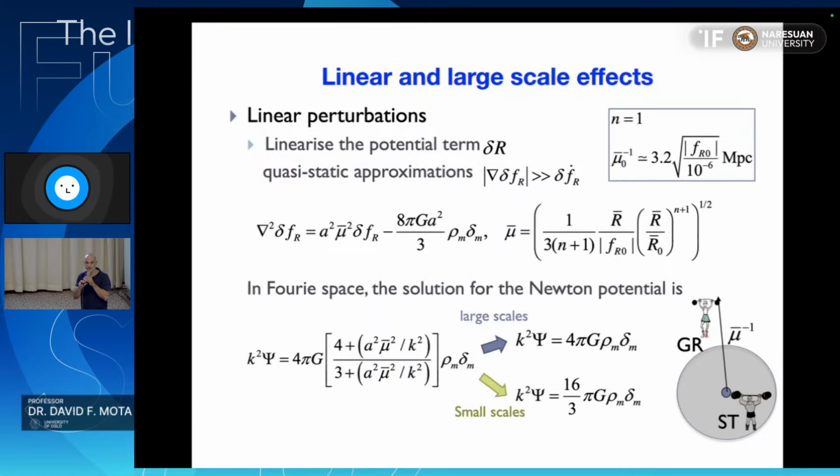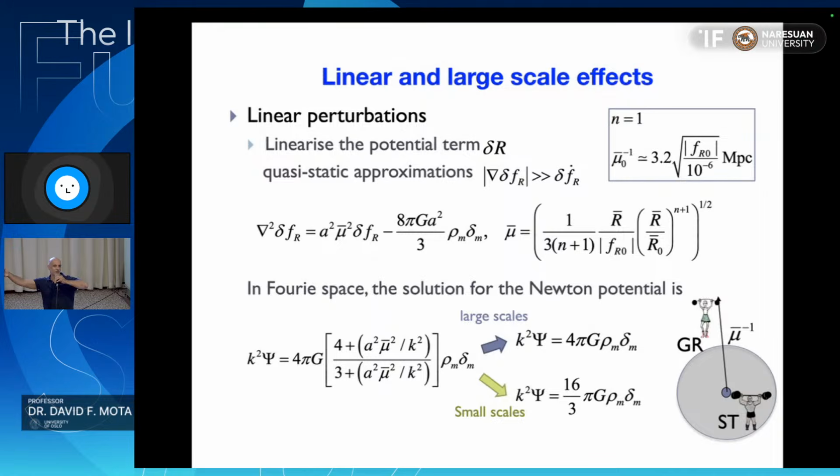So what it means, yeah. Sorry, how small? So this is just perturbation theory, so it's not exact, but very good question. That's what I was going to say. This scale is basically the range of the fifth force.